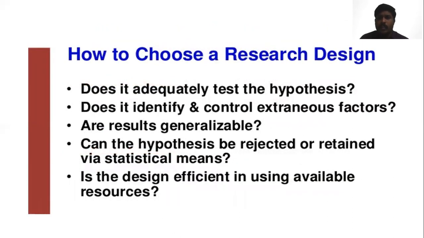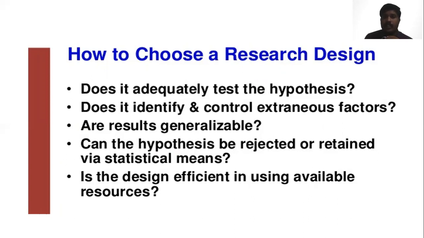So we are going to choose the research design. How can we choose? Before choosing a research design, we have to answer the following questions. Does it adequately test the hypothesis? Hypothesis is nothing but, as we know earlier, the objective of the particular problem.